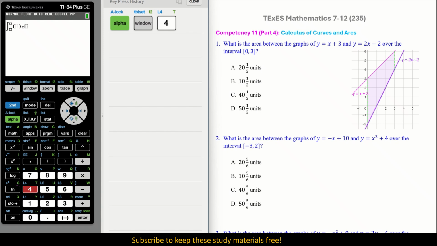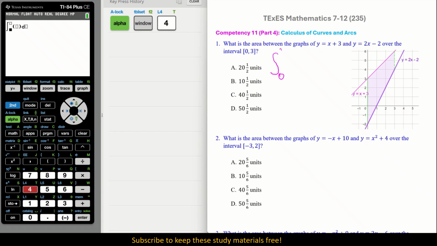This is what we need to actually enter in our calculator. So we have 0 to 3. Here's our 0, here's our 3. We use the pink line, the top line, because it's between the two. So that means we have x plus 3.